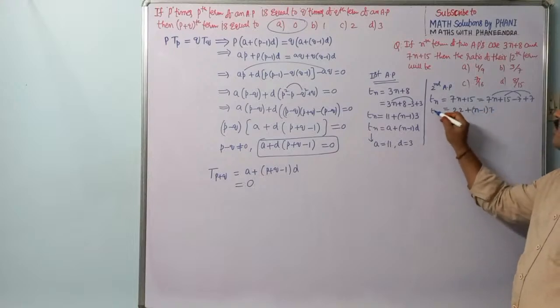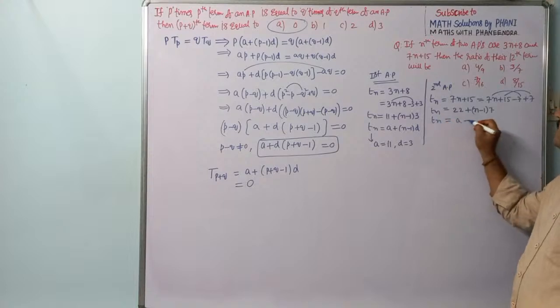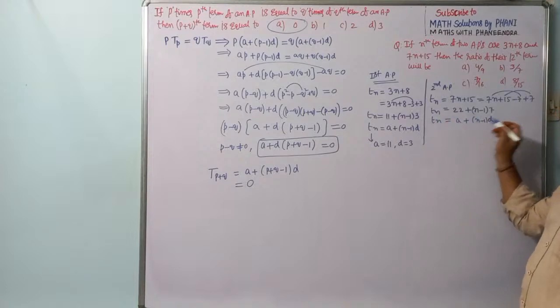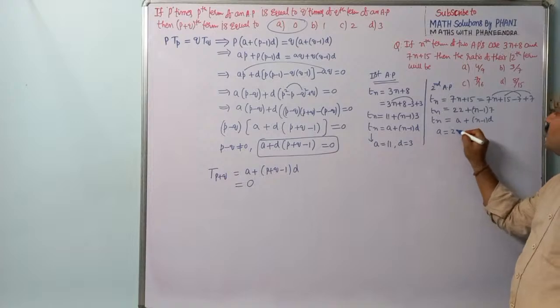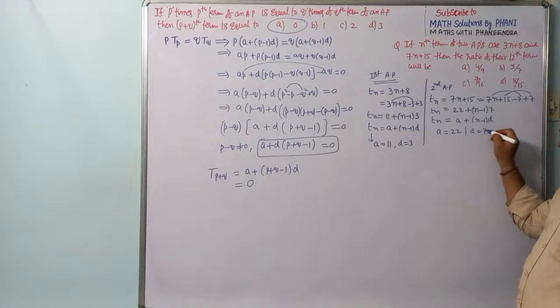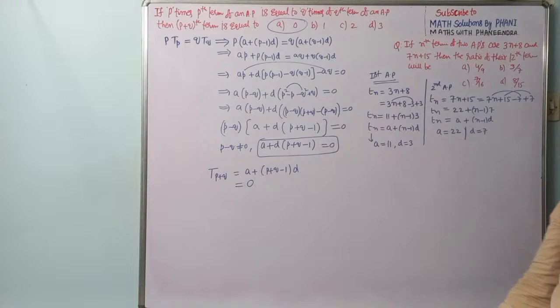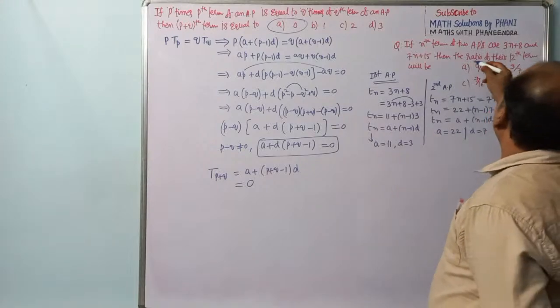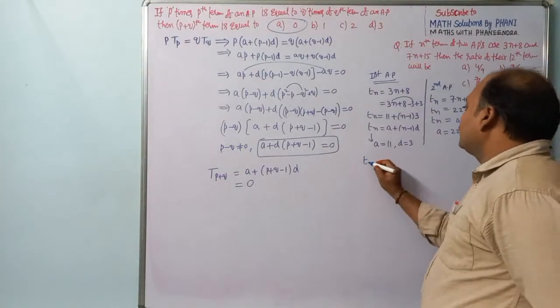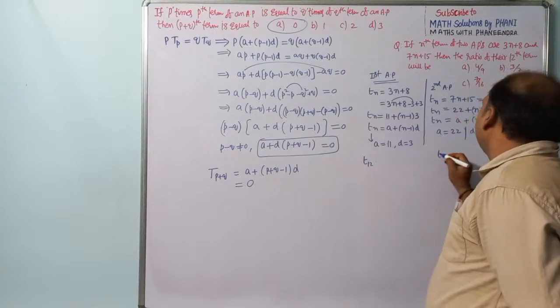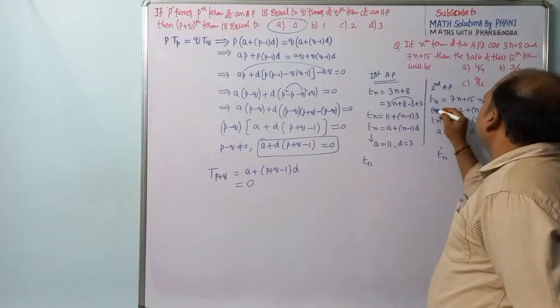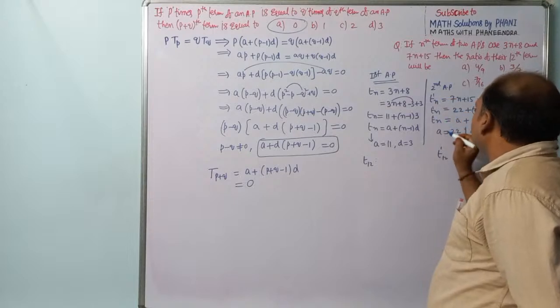Again we compare with a plus n minus 1 into d. So a equal to 22 and d equal to 7. After that, they are asking to find the ratio of the 12th terms. So T12 in this and in this also T12. Here you take T dash for the second one, no?